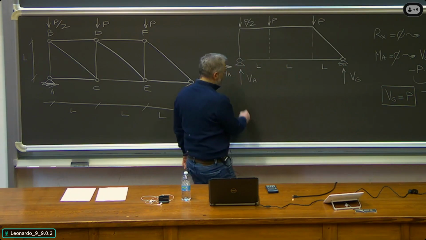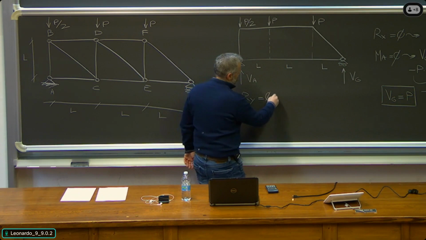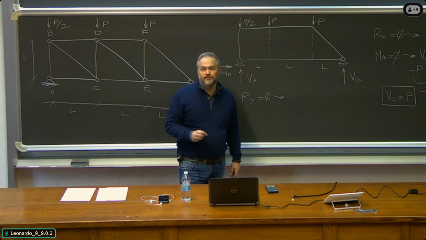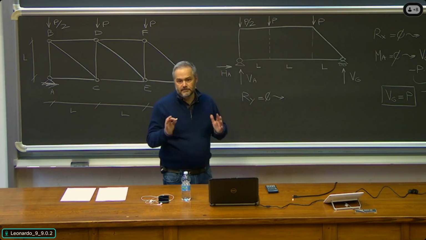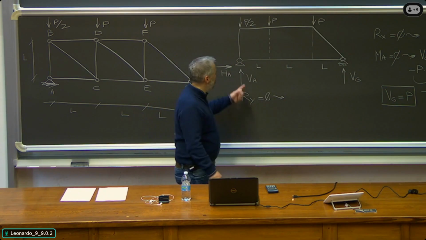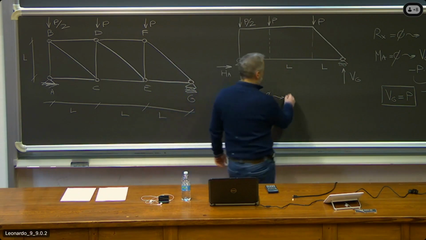So the obvious equation in this case is to put Ry equal to 0, which means the summation of all forces in the vertical direction. Again, be consistent with your sign conventions. I will start with VA, so I'm assuming that upwards is positive.